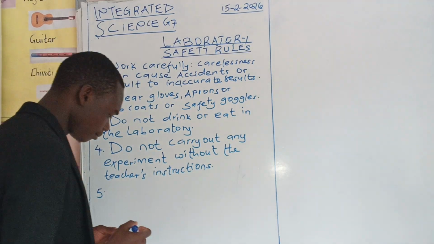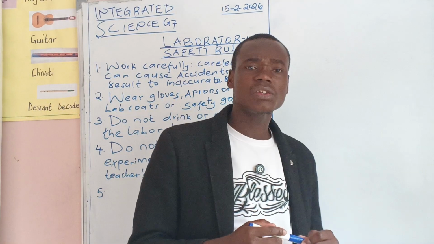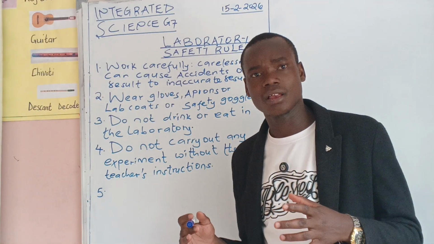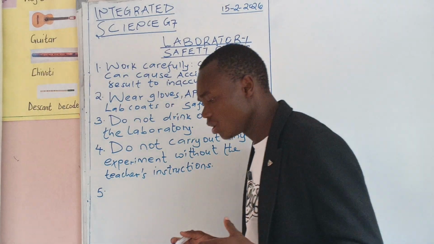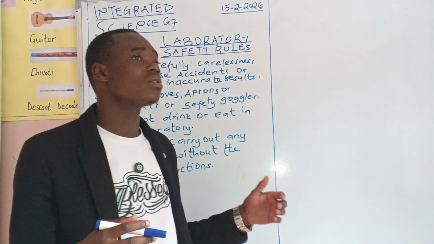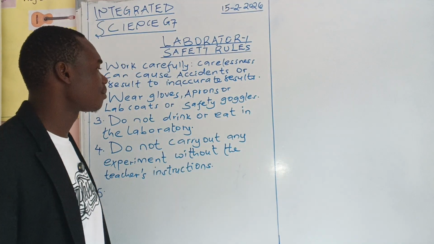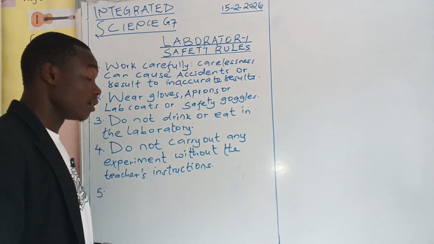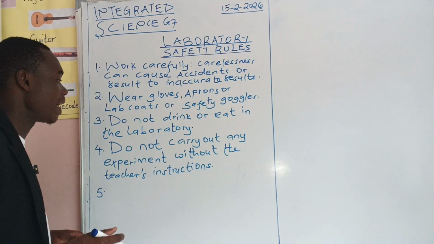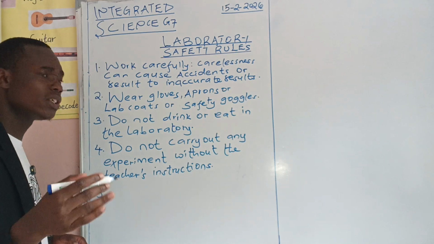Number 5. Now, in case of any fire outbreak, what can you do within a laboratory? Sometimes you are carrying out your experiment, and all of a sudden something happens and you see flames of fire coming out. So what do you need to do?